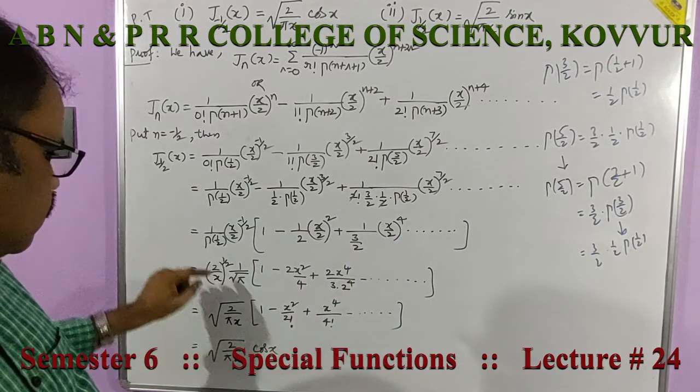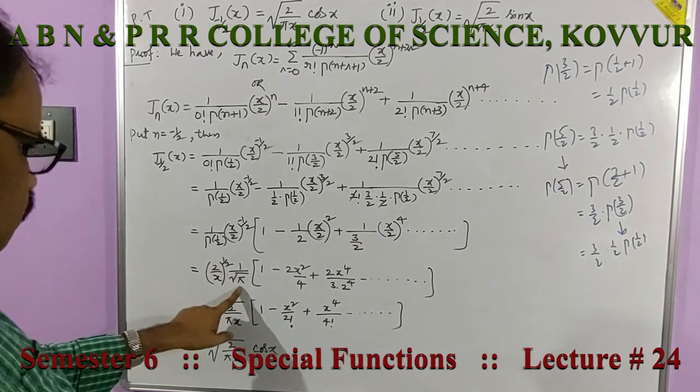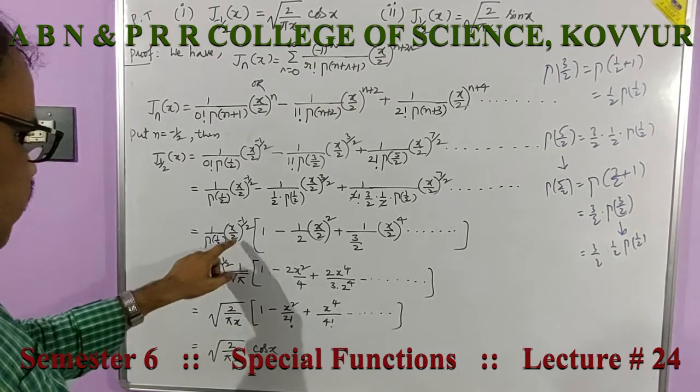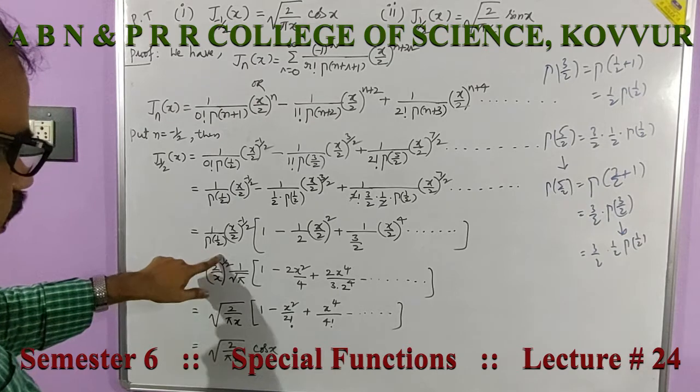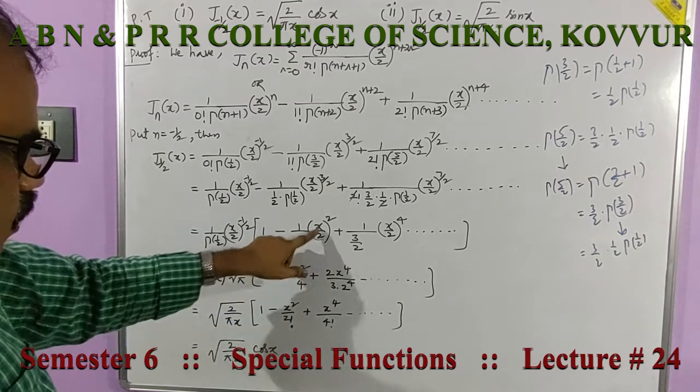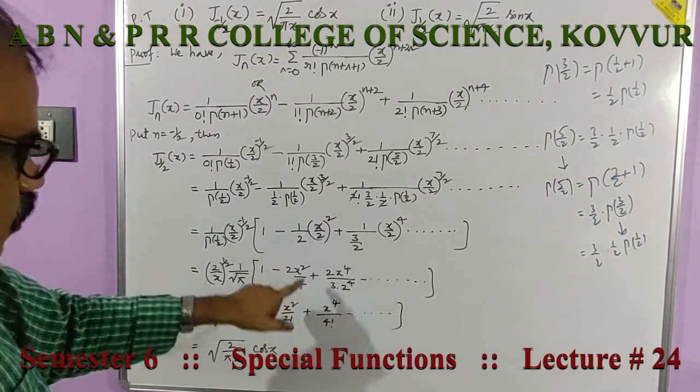Simplifying, this is gamma half is root pi, x by 2 power minus 1 by 2 can be written as 2 by x power 1 by 2 and 2x square by 4.